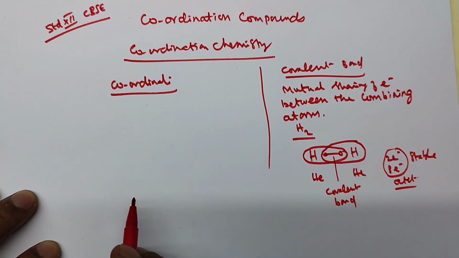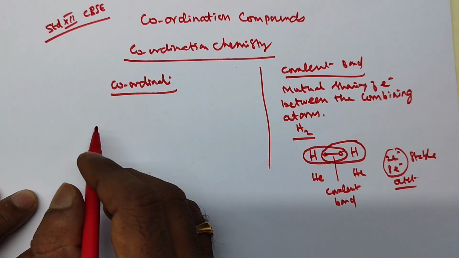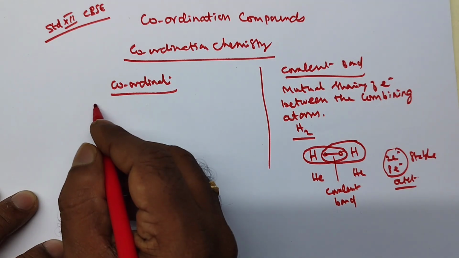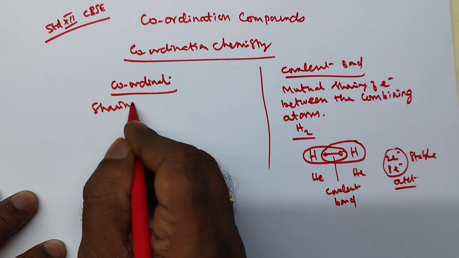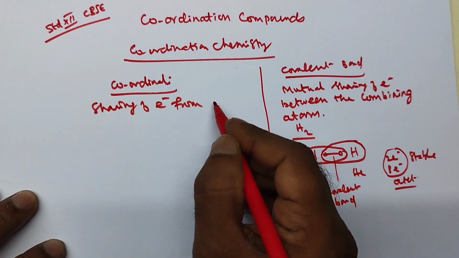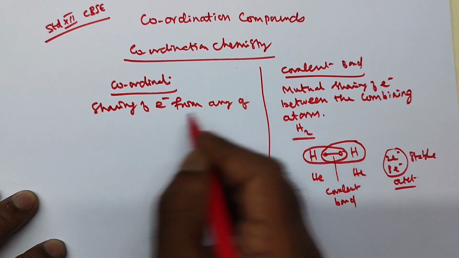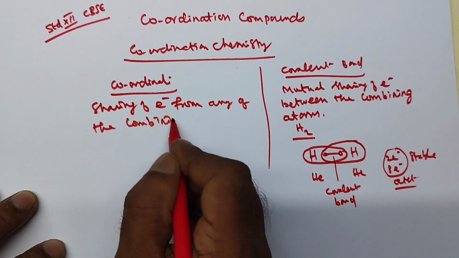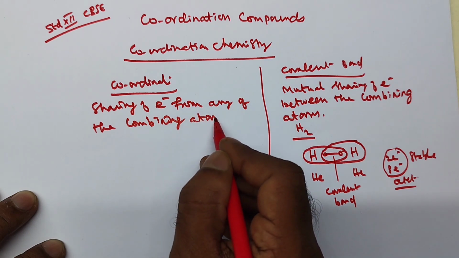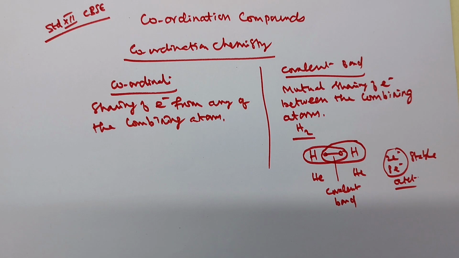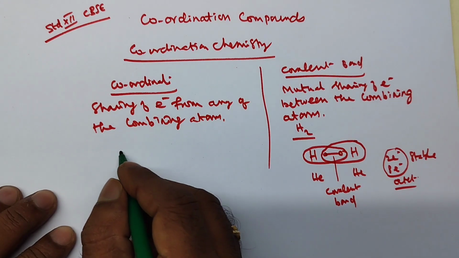Whereas the coordinate bond is nothing but the sharing of electrons from any one of the combining atoms. That is the definition. For example, you can think about how the ammonium ion forms.